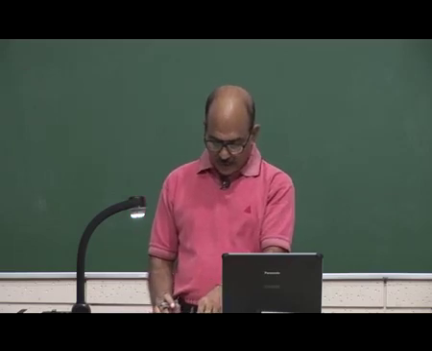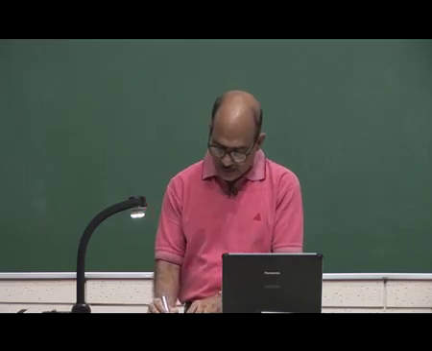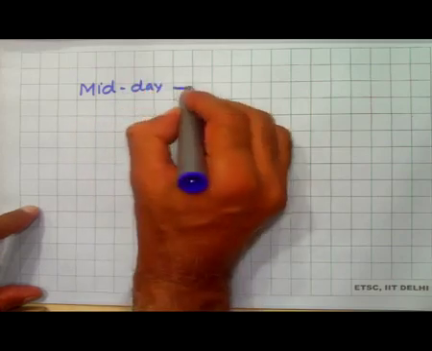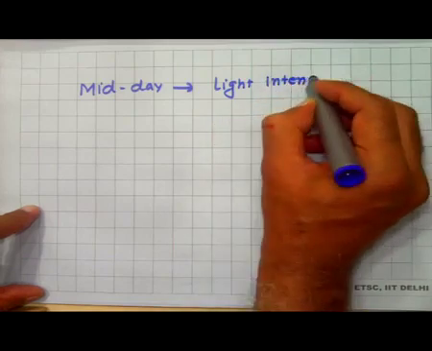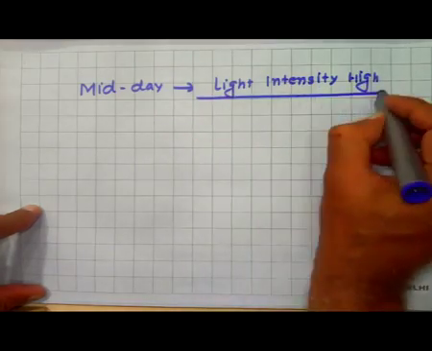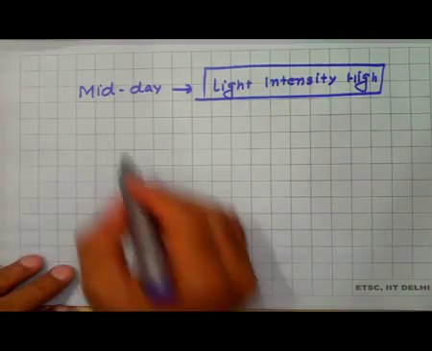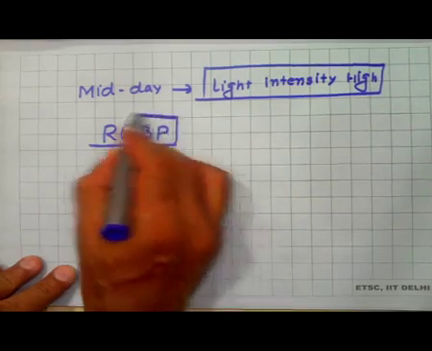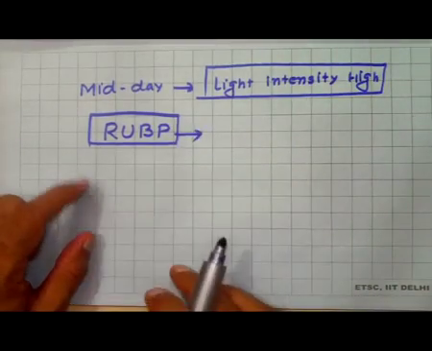During photorespiration, what happens? During the daytime, from morning to midday, the light intensity is high. During this hour, RuBP, we have already discussed, the enzyme Rubisco, abundant on earth.